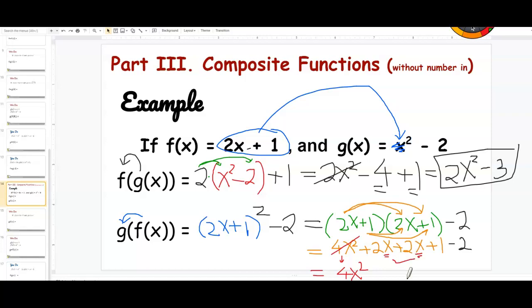Combine them by add up the number in the front. 2 plus 2 give you positive 4. And bring down the like term part, which is x. After combining them, they're gone. And single number, you can combine them by add them up. So 1 plus negative 2 is negative 1. And that's it.